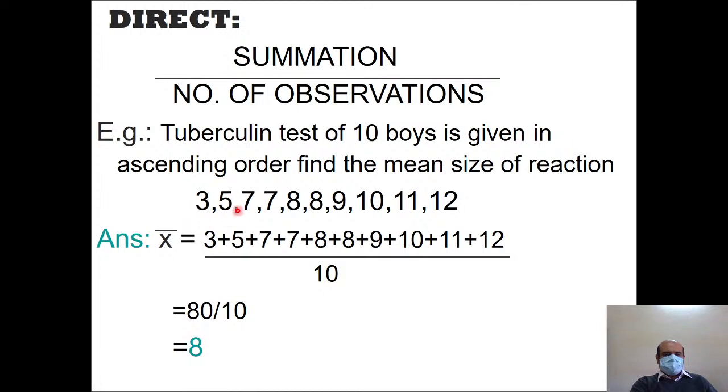The results of the tuberculin test for 10 boys are given here: 3, 5, 7, 7, 8, 8, 9, 10, 11, 12. The answer will be mean is equal to summation of all the values divided by 10. So it will come around 8.